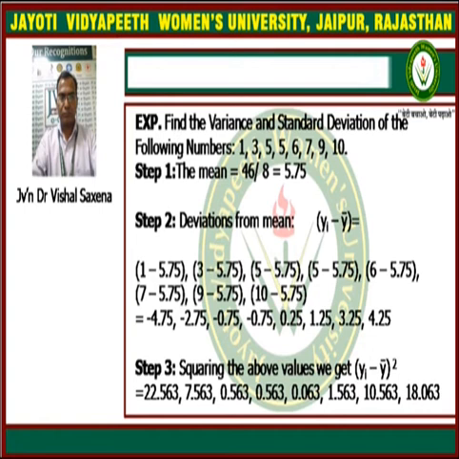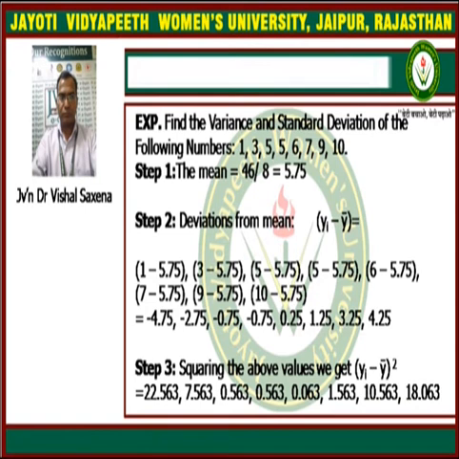In the same way, one more question we have here. In this question the data are 1, 3, 5, 5, 6, 7, 9 and 10. These are the data given in individual series form. If the data are given in frequency series form, then the formula for the variance is summation fi into xi minus x bar whole square upon n.